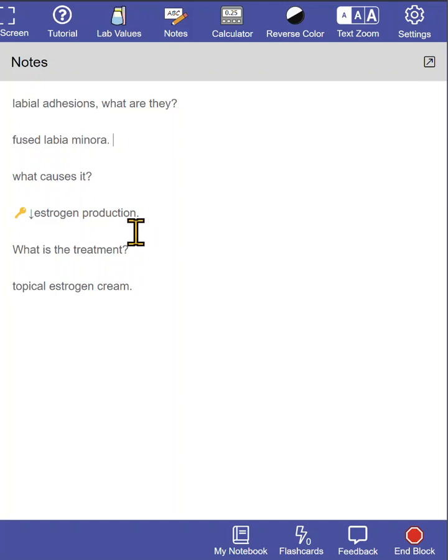So if you're not producing as much estrogen as you should during ontogeny, which is development, then you might get labial adhesions, which is fused labia minora. And what is the treatment? You get topical estrogen cream to fix it.